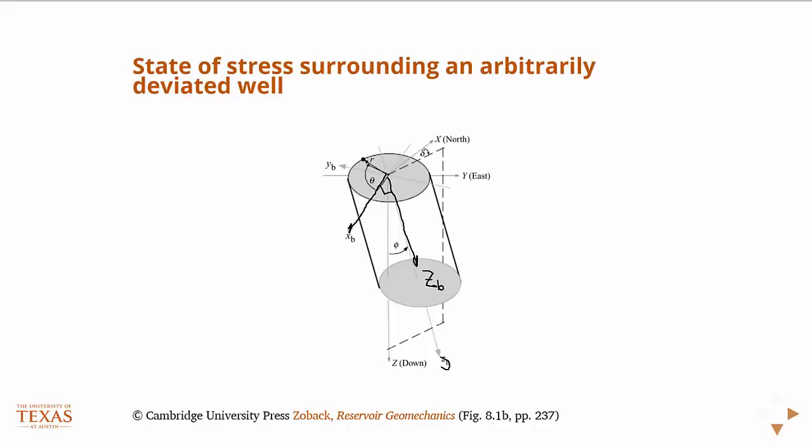I'm going to break this down in a second and it'll be a little more clear. And then YB is just the one that's orthogonal to those two. Okay, so we're going to use the subscript B to identify the coordinate frame within the well bore, and we're going to refer it back to the geologic frame, right?